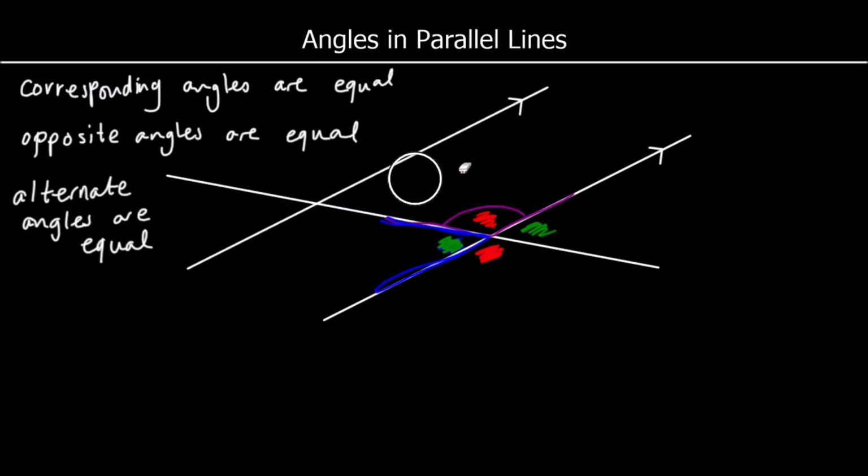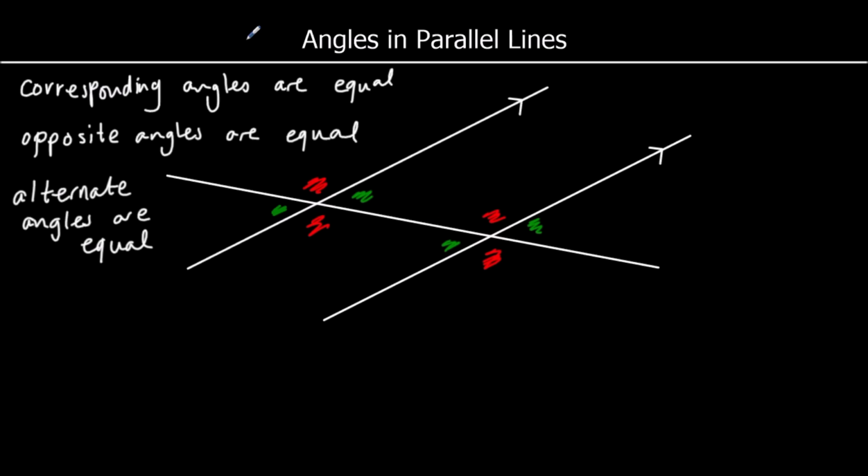Let's clear this off. And other relationships we need to know. So angles on a straight line add up to 180. So every red and green, every single red and green will always add up to 180. They're on a straight line.